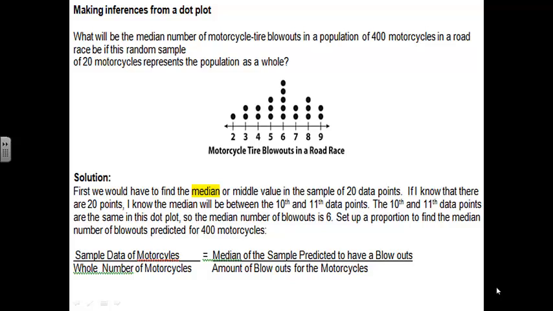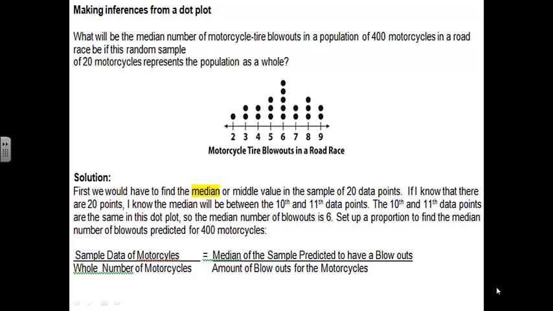If you count, starting at 2 and counting over 10, you will find that they are on the same dot plot. So the median number of blowouts would be 6, since 10 and 11 both are on the plot that's going up 6.